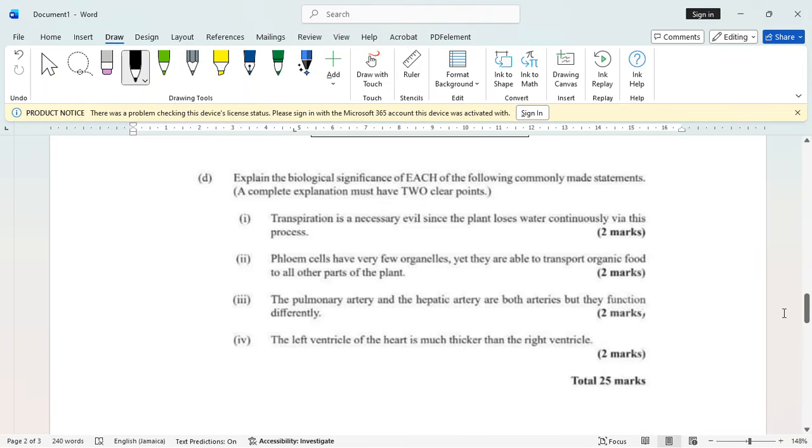The pulmonary artery and the hepatic artery are both arteries, but they function differently.